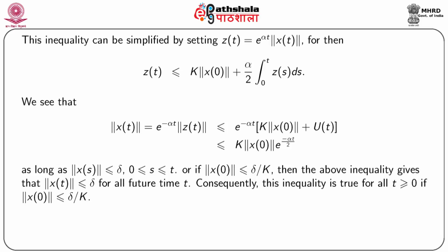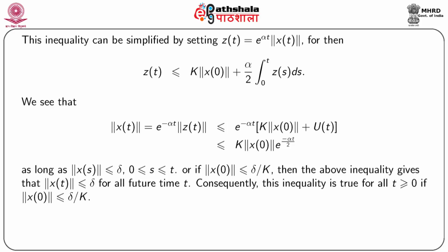We see that norm of x(t) is equal to e^(-alpha t) norm of z(t), which is less or equal to e^(-alpha t) k times norm of x(0) plus u(t), which is less or equal to k times norm of x(0) e^(-alpha t by 2), as long as norm of x(s) is less or equal to sigma, 0 less or equal to s less or equal to t.